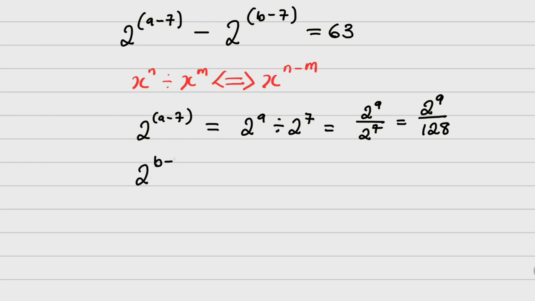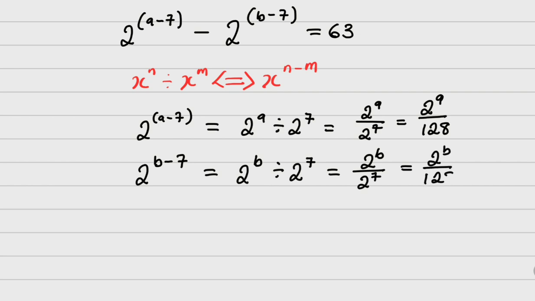2 raised to power b minus 7 is the same thing as 2 raised to power b divided by 2 raised to power 7, which is going to be 2 raised to power b over 128.